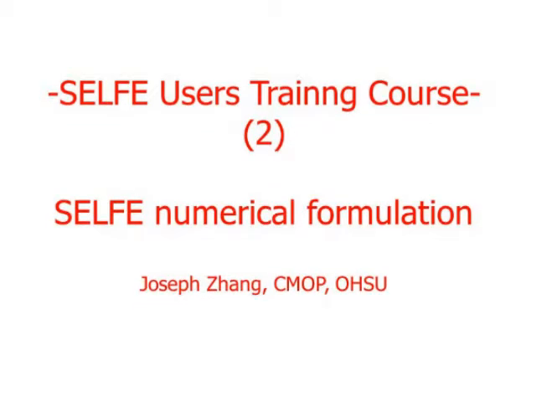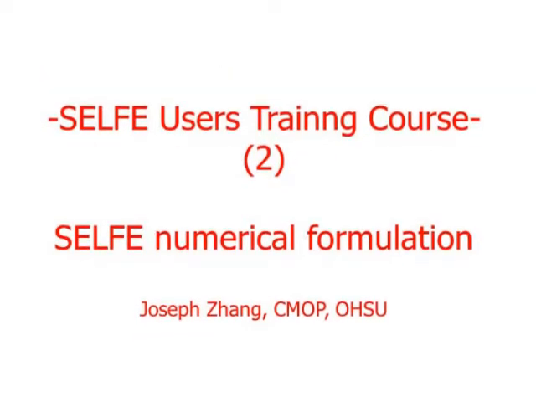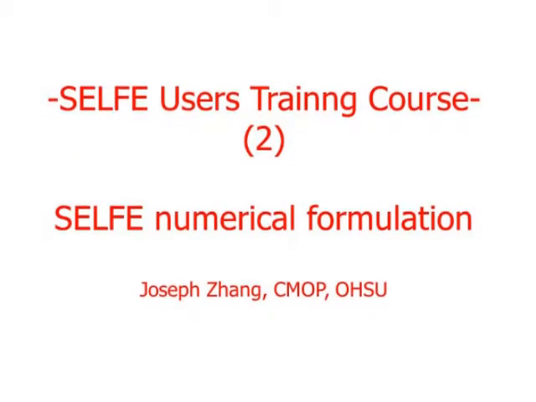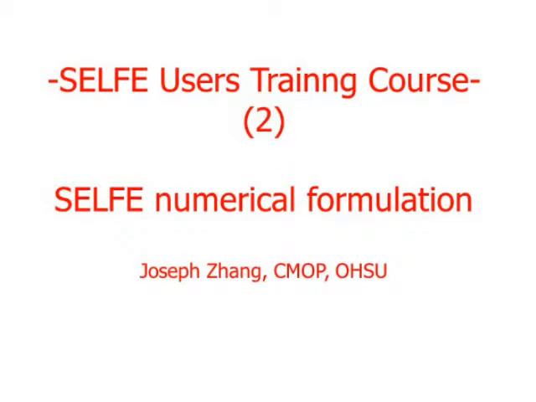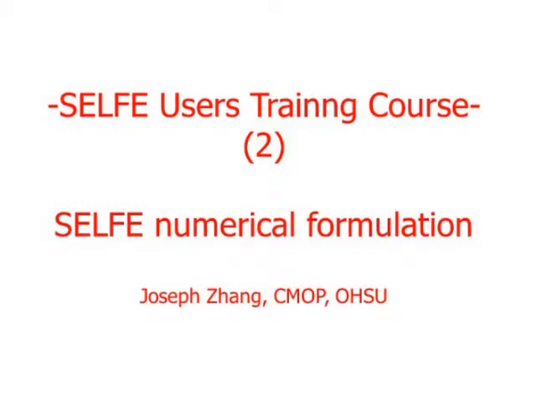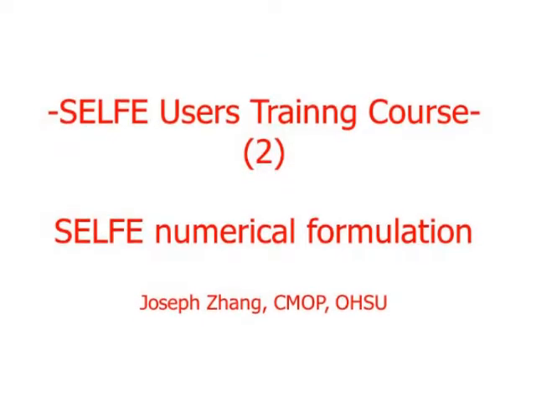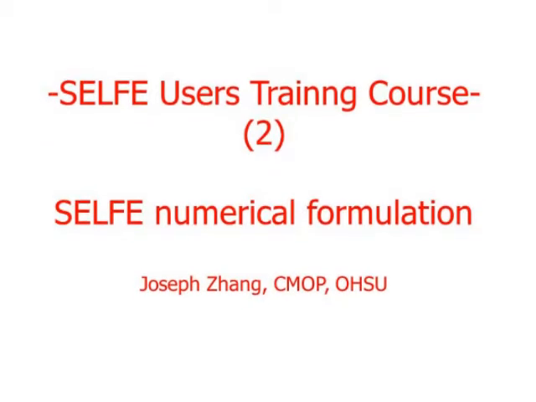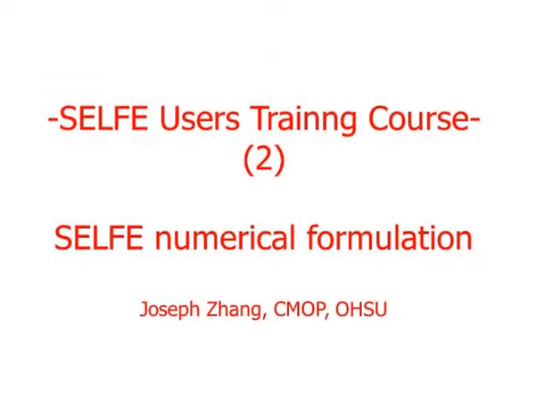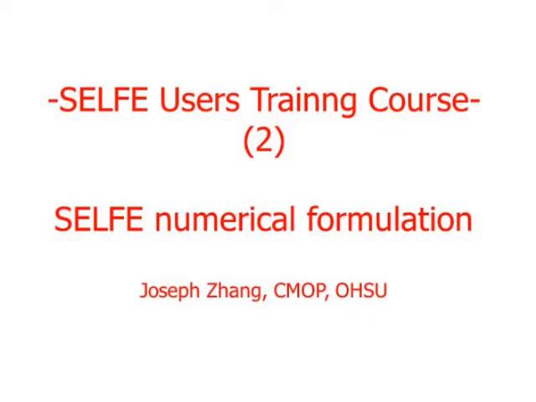Next slide. In the most recent version of SELFE, we actually choose to evaluate the baroclinicity term using the so-called Z-coordinate method, in order to bypass the pressure gradient errors.